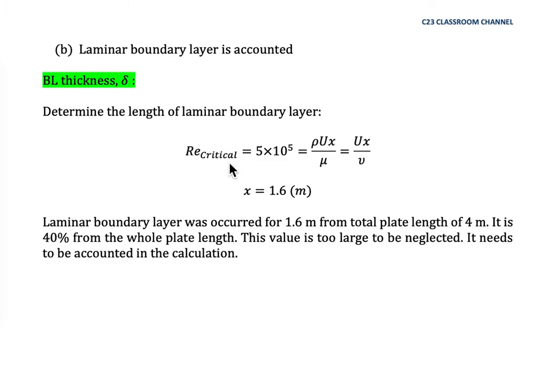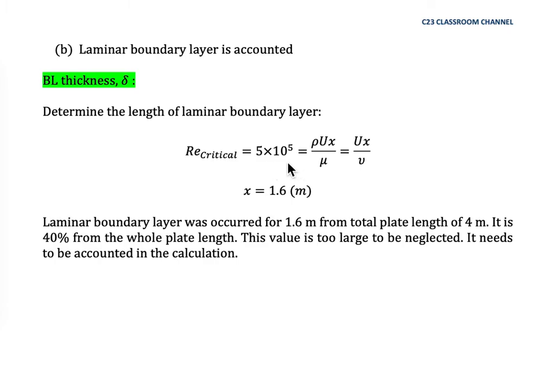So we have a critical Reynolds number of 5 times 10 to the power of 5, and we equate this value with the Reynolds number equation, rho Ux over mu or Ux over nu, where nu is the kinematic viscosity. The critical Reynolds number is the limit where the boundary layer becomes turbulent. Before this Reynolds number, we can assume that all calculations can be treated as laminar boundary layer.